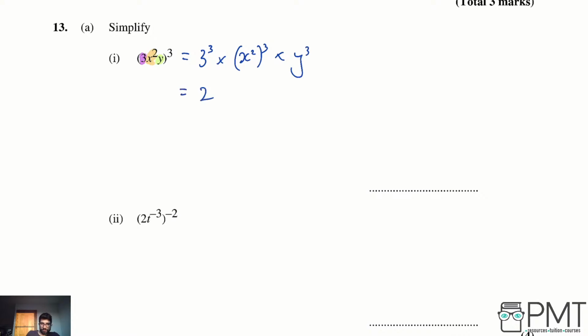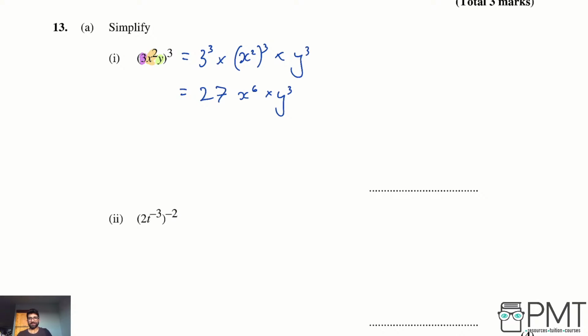Then I have got 27 x to the, remember it's a power to a power, so 6, I'm multiplying 2 and 3, and then y cubed. Yep, Mohammed, what have you got? X to the 6, y to the 3.